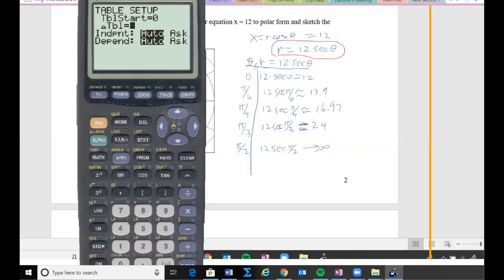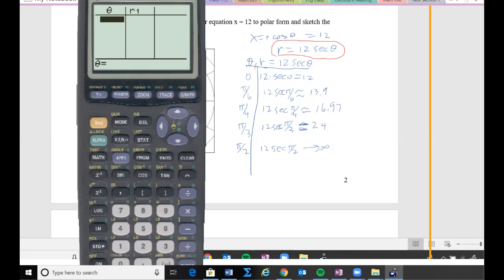Okay, that's what's wrong. I'll set it to ask, and then back to the table, and I'll put in a 0 as my first value, and pi over 6. So we just have to work with it. There's my 13.9, and then let's do pi over 3. That's a nice one.